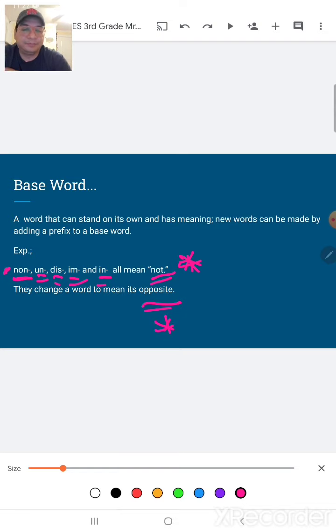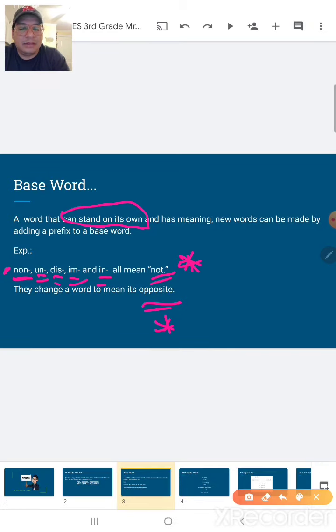Or not. So the base word, once again, is a word that can stand on its own, has its own meaning, but you can add a prefix to it. Okay, so that's enough for that. Let's go to the next slide.